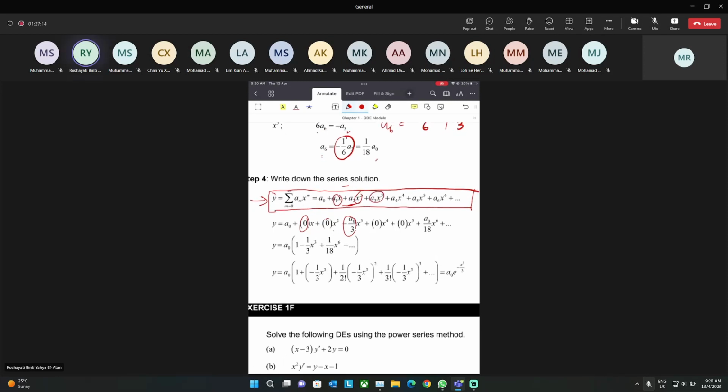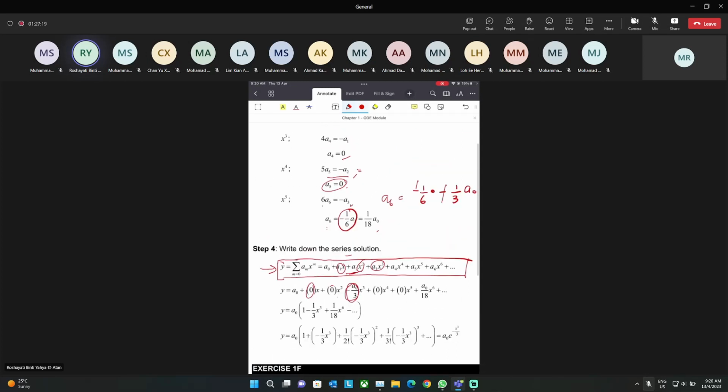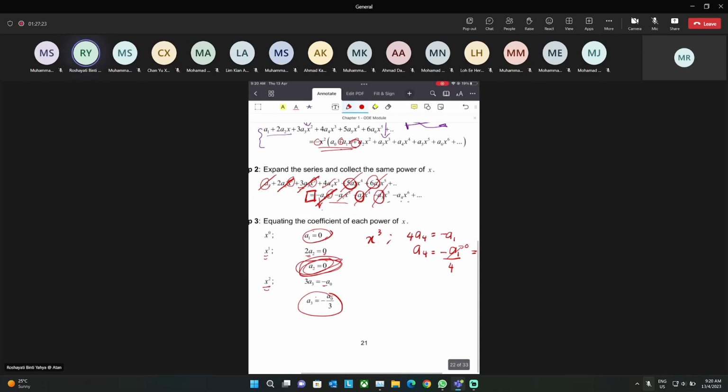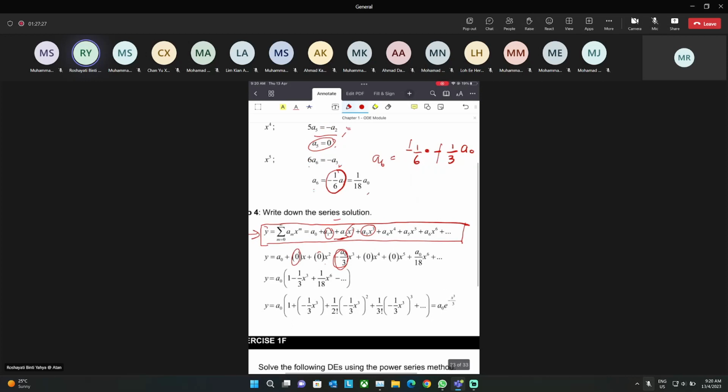So this is based on your A3. A3 here. A3 is negative A0 over 3. Okay, just plug in what you have from the previous step in step 3 into this step.